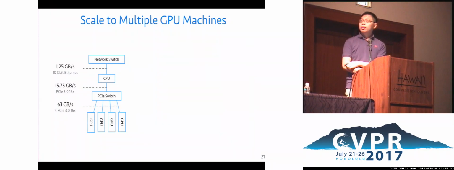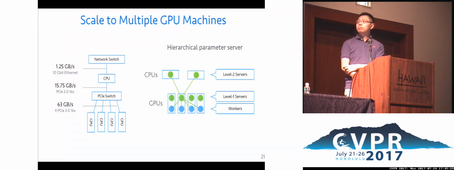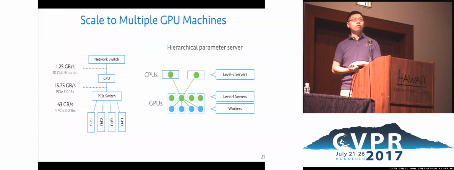Each level reduces the bandwidth by 4 to 10 times, which means we really want to make the communication happen locally rather than having everybody talk directly from GPU to CPU. So we first aggregate across GPUs, and then send the aggregated result to the CPUs. This kind of optimization we do automatically.